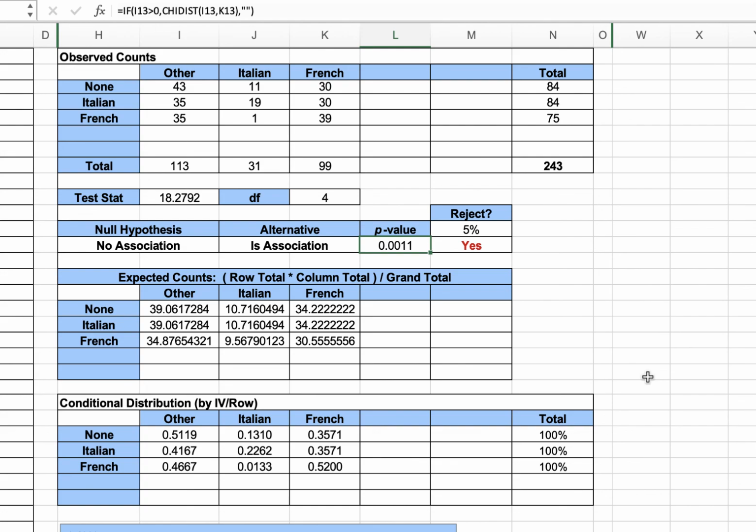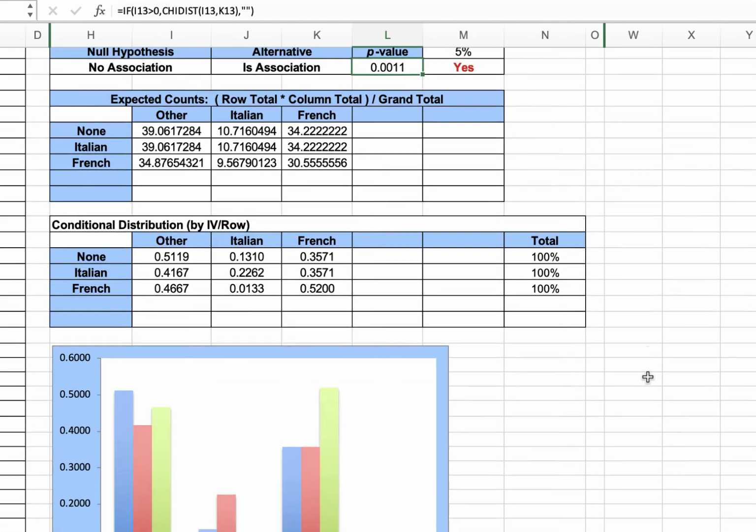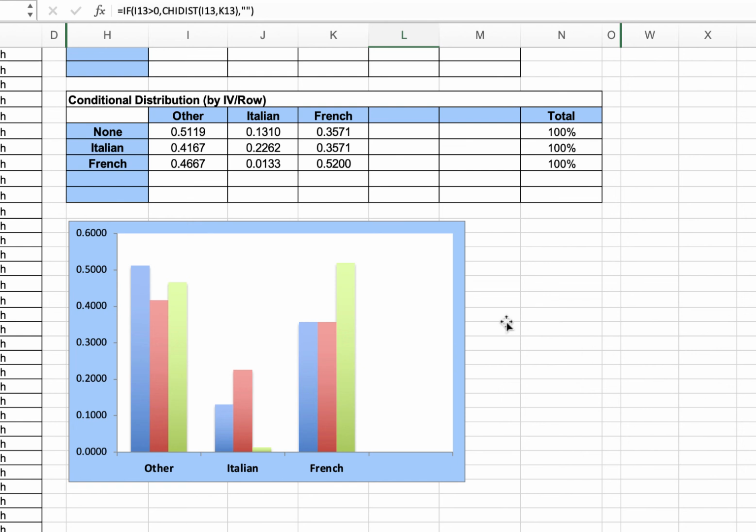So we kind of talked through that already looking at the crosstab, but our conditional distribution and our clustered bar graph might make that even clearer. So when there's no music playing, we can see that the other types of wines sell, regardless of the music playing, none, Italian or French, we can see that these bars and percentages are roughly the same.